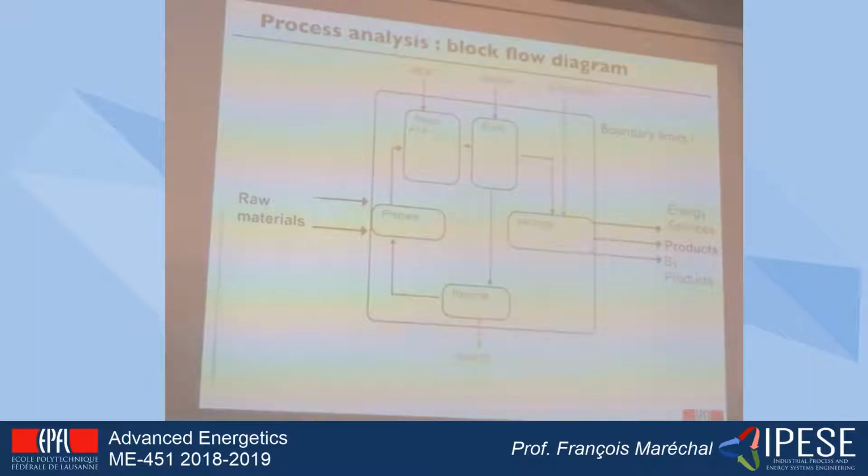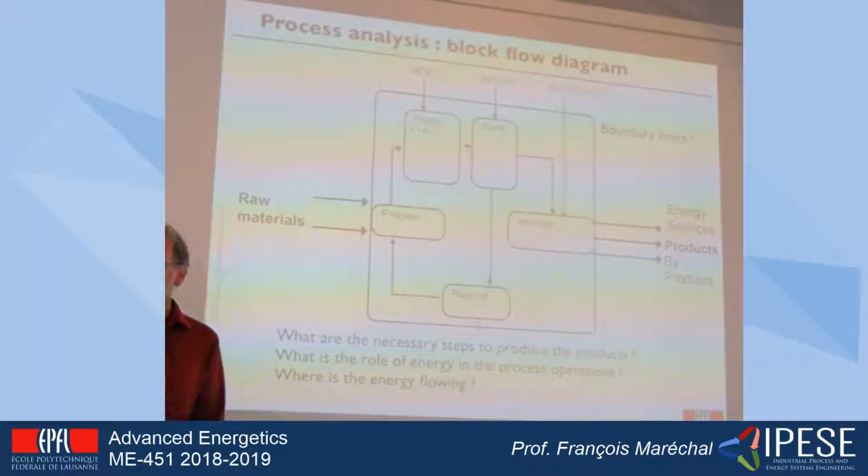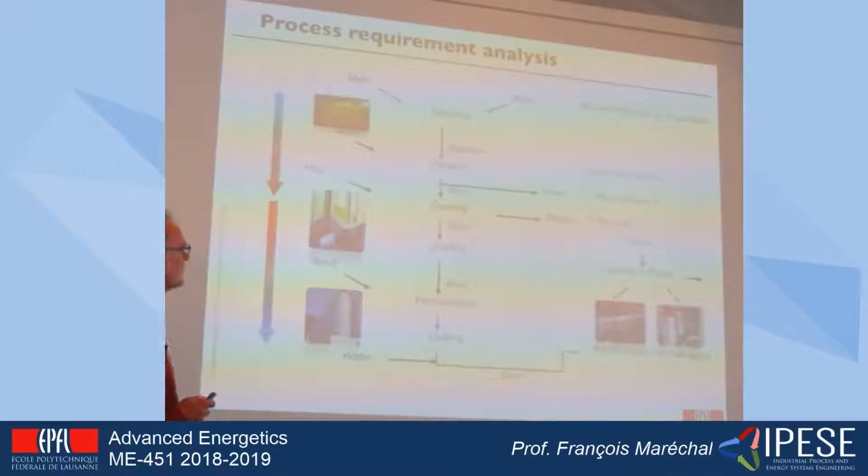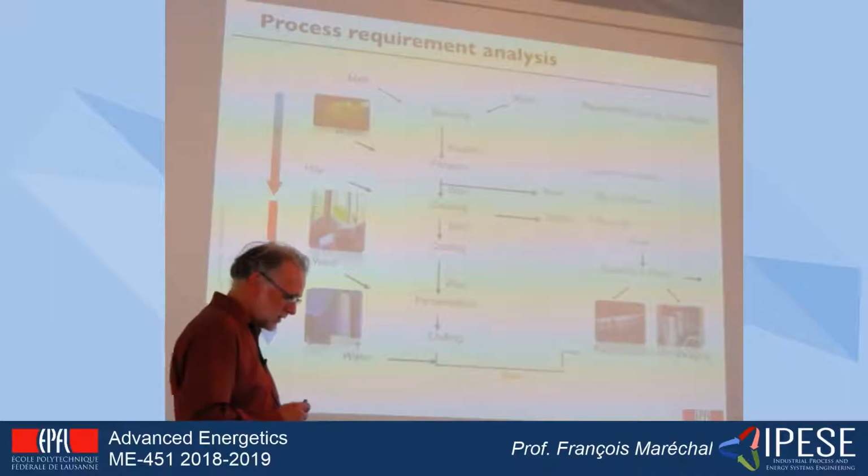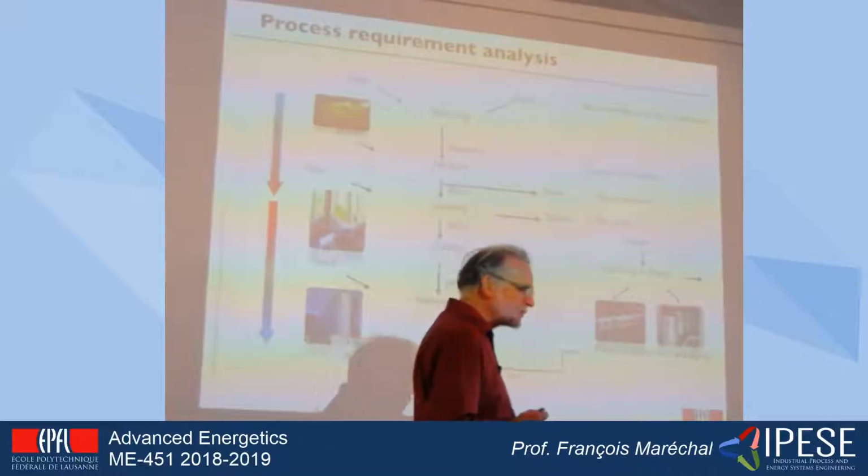Which means that at a certain time we will have a flow sheet like this, where we will identify what are the functions in each of the unit operations, and then define what is the role of the energy sources there. Let's take the example of the beer production.